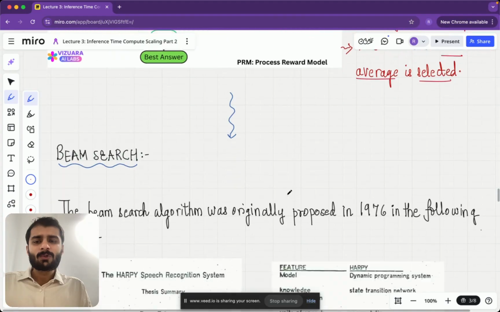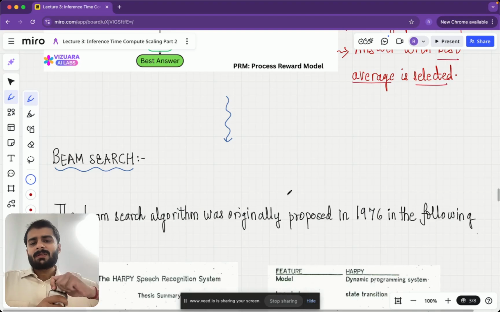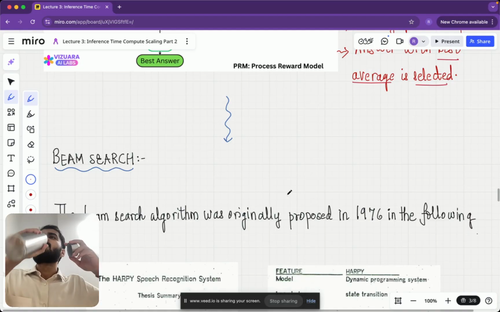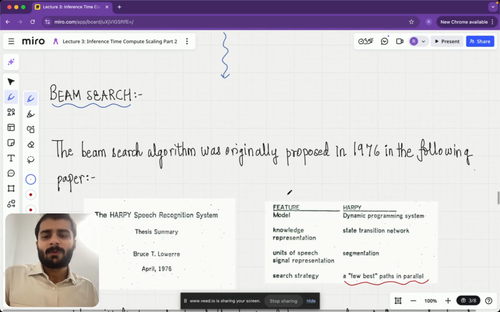Okay, now we will go to the next algorithm or next verifier in this case, which is verification using the algorithm of beam search. So the beam search algorithm was originally proposed in the year 1976, and it was proposed in this paper, which is shown below.